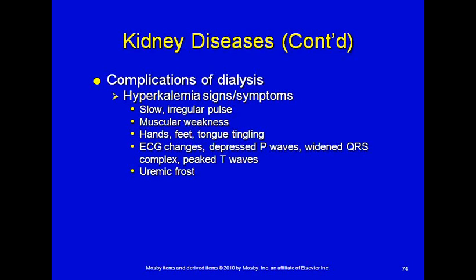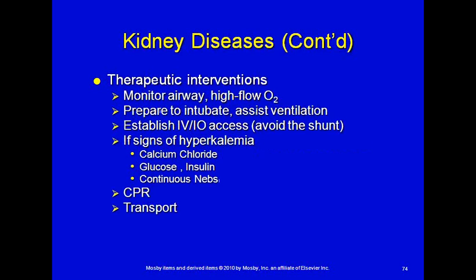So if they skip their dialysis, hyperkalemia is certainly a sign and symptom that we might see as a result, which may lead to a slow, irregular pulse, muscle weakness, hands, feet, and tongue tingling, ECG changes starting with depressed P waves, widened QRS complex, peaked T waves, and then uremic frost. Therapeutic interventions, ABCs, if they have severe hyperkalemia, they could arrest, so do keep that in mind.